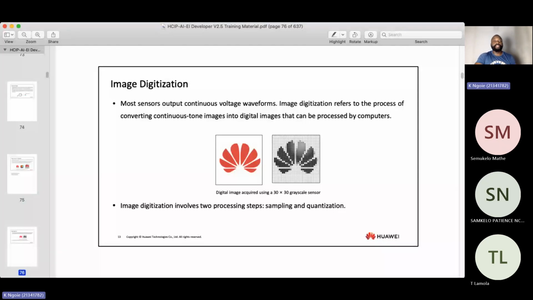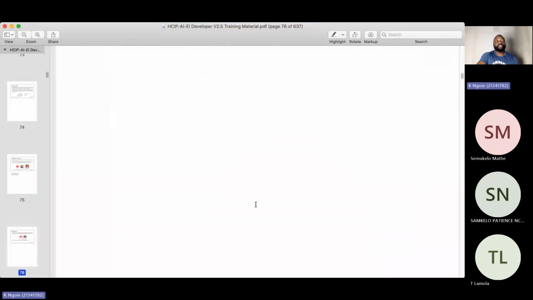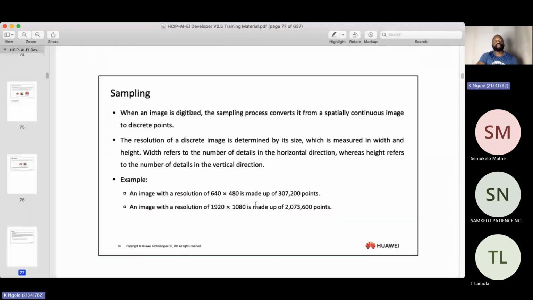That means that, for example, we have a 256 level, which can have 8 bits, you understand? So that's how the image will be digitized. Okay, and then from there we're going to move to sampling.